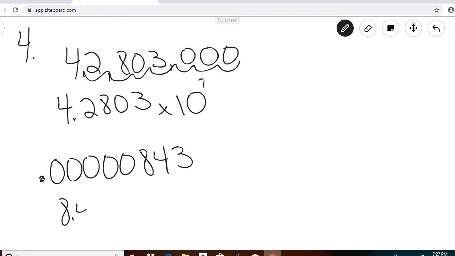So it would be 8.43 times 10 to the, so now we're moving the decimal place to the right, so it's going to be a negative exponent. So we're moving it 1, 2, 3, 4, 5, 6 places. So it's 10 to the negative 6. 8.43 times 10 to the negative 6.